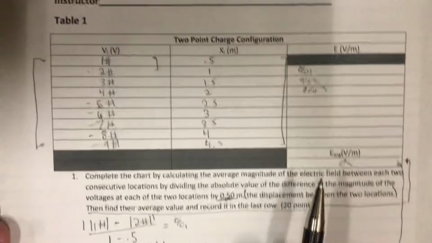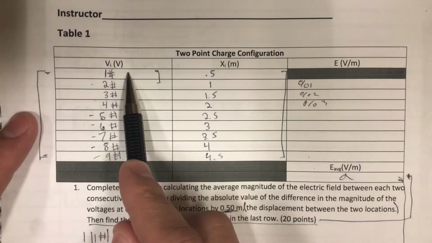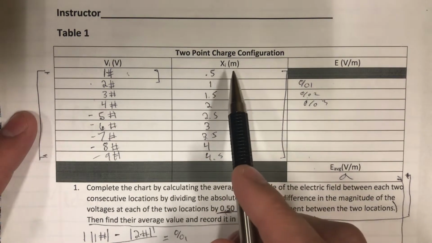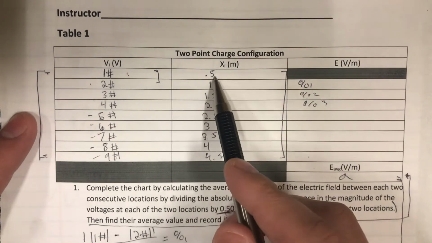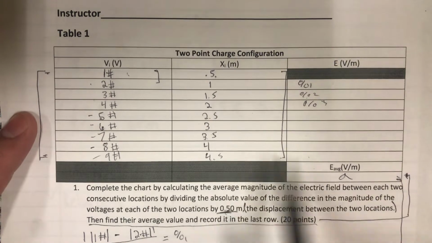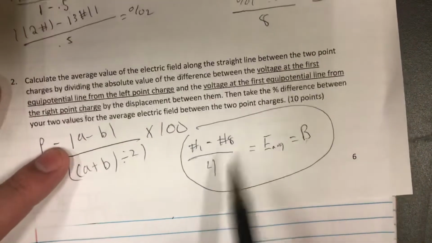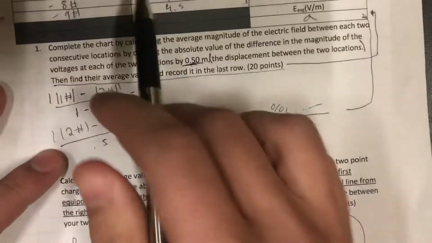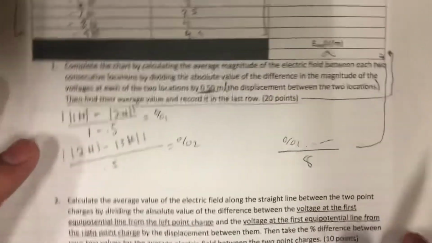You take your first point minus your last point. Then you're going to do your overall displacement again. You're going to do your 0.5 minus 4.5. That's where my 4 came from right here. Okay, so if you have different numbers, it might not be 4, but I believe in your lab it's going by 0.5.